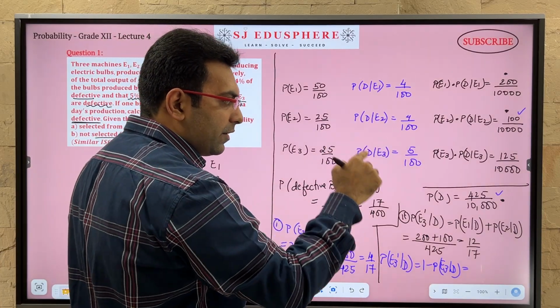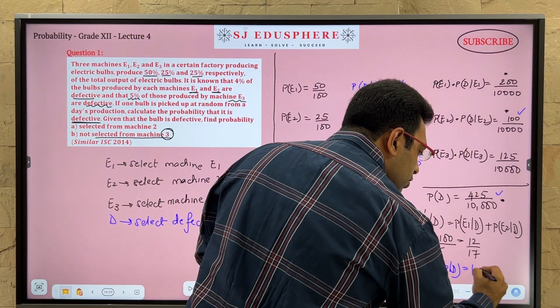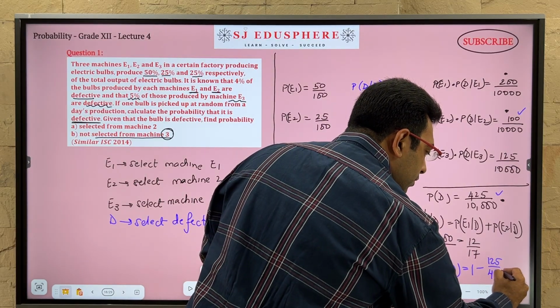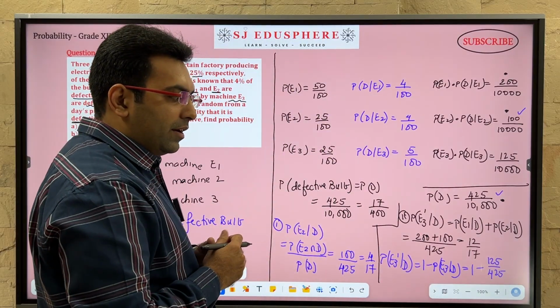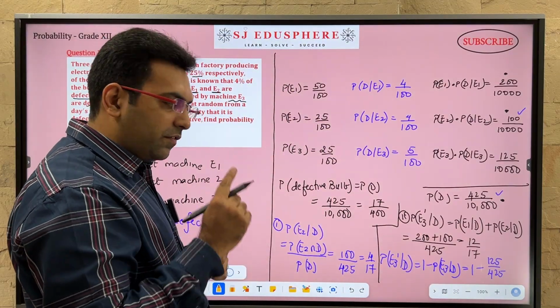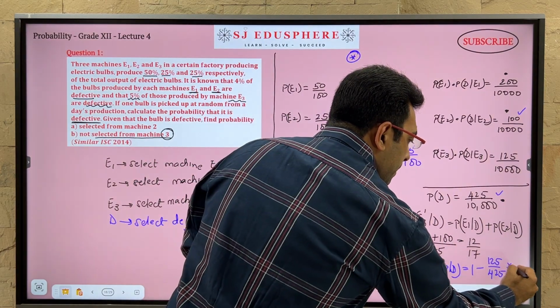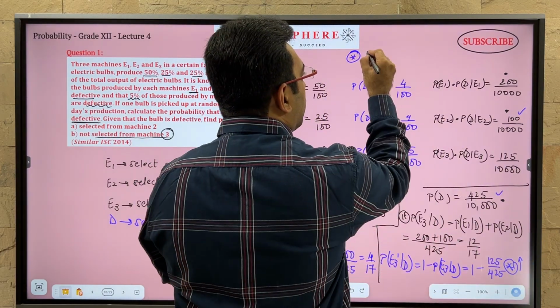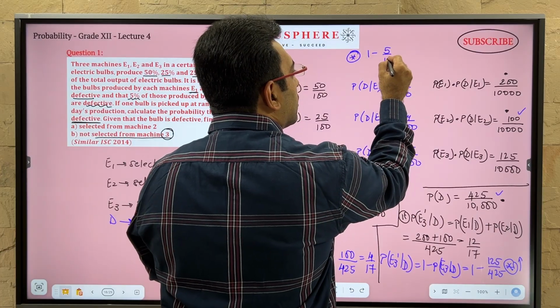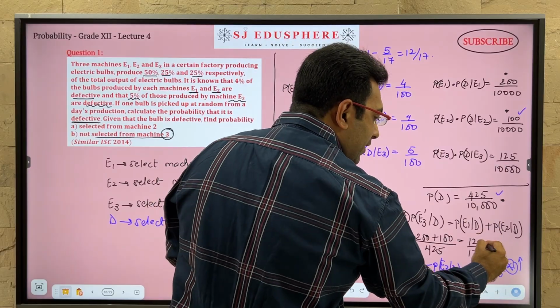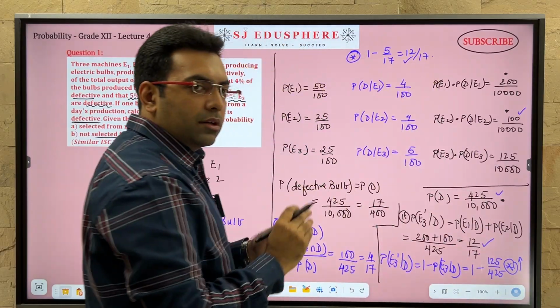E3 is 125 upon 425. So 1 minus 125 upon 425, that is 1 minus 5 by 17, which I am writing here. 1 minus 5 by 17 gives me 12 by 17, the same answer.